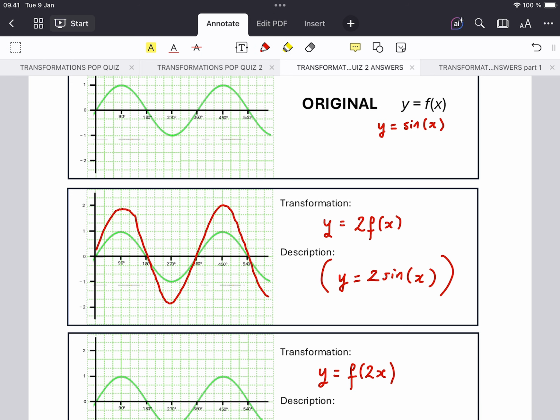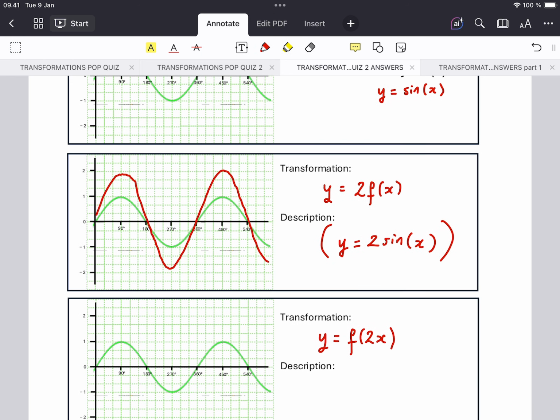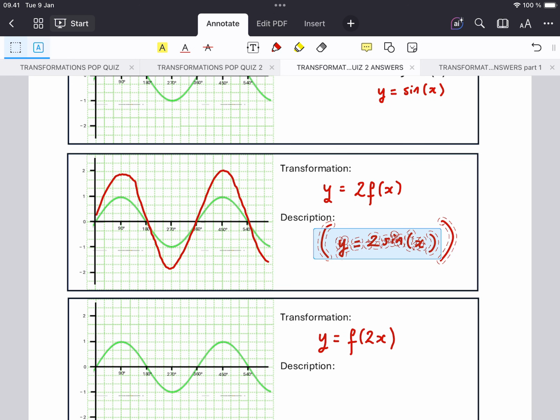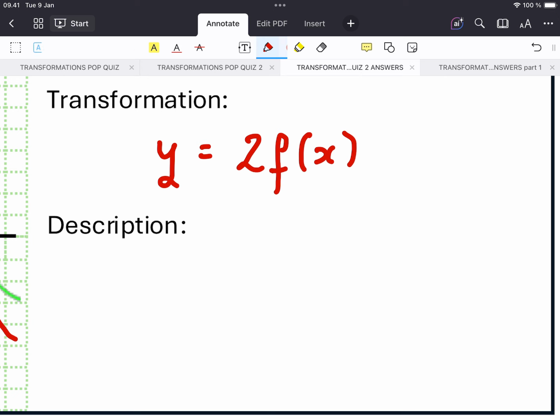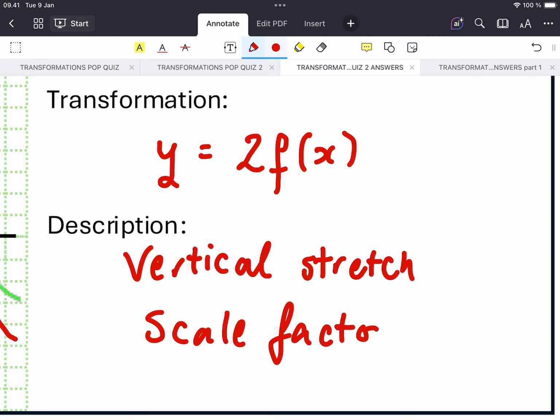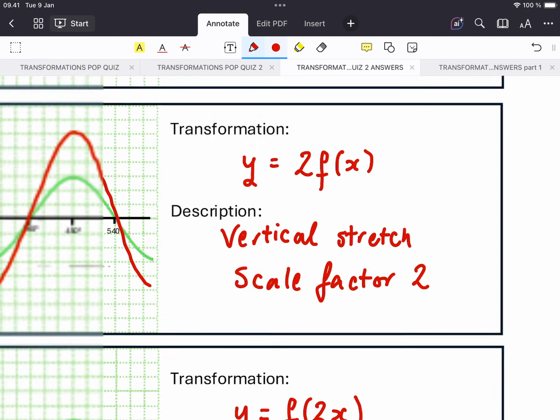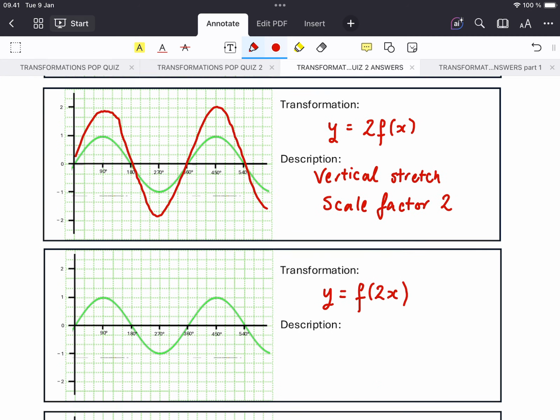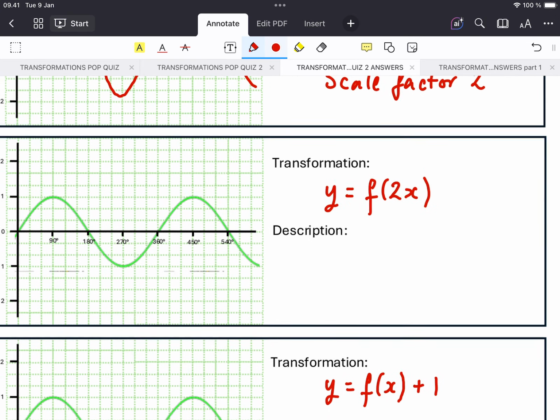So my description of that transformation, I'm going to call a vertical stretch, scale factor 2.